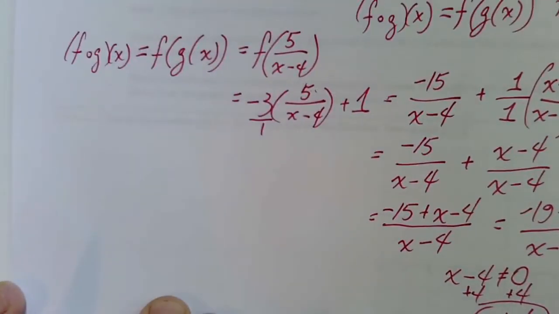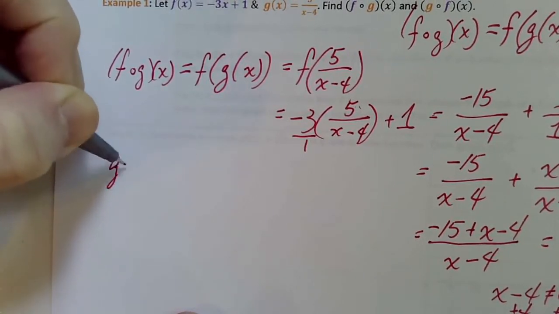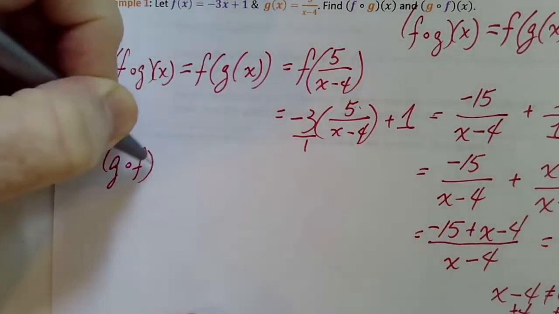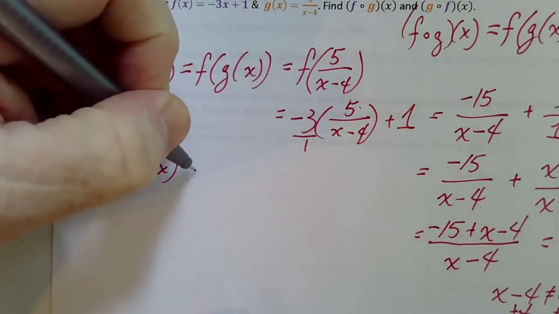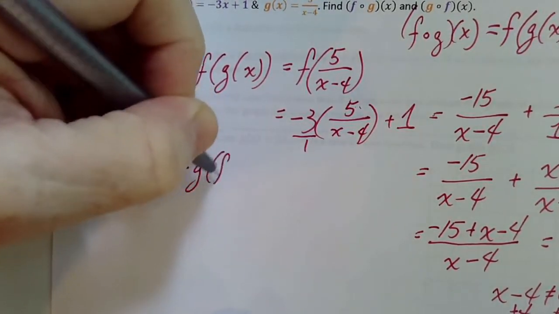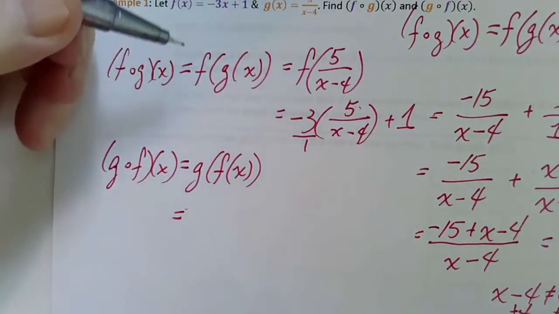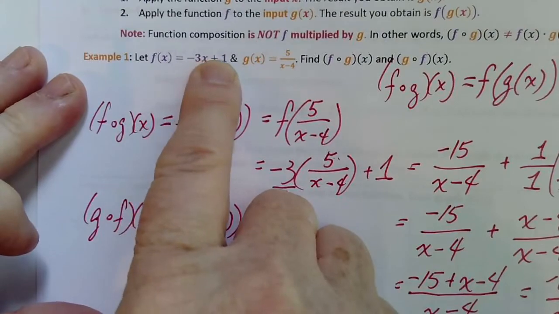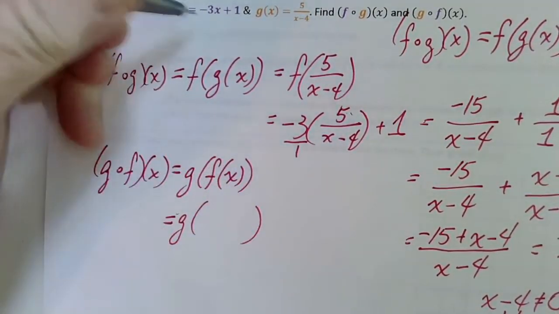And now let's find g composed with f of x. G composed with f of x. This is defined to be g of f of x. Well, f of x is negative 3x plus 1. So I'm just going to write down what f of x is.